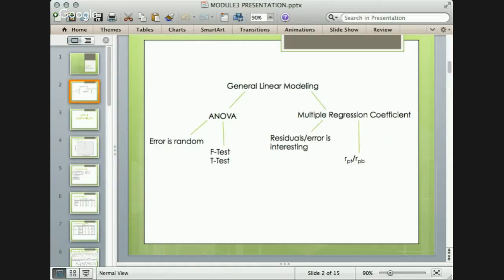The F-test is a simpler way to compare multiple-level factors. Instead of doing a lot of T-tests and having alpha inflation, we can just do an F-test. For MRC, we have r_pb, a correlation between continuous and binary variables, and we can convert this into a T-test. So that's important to know.